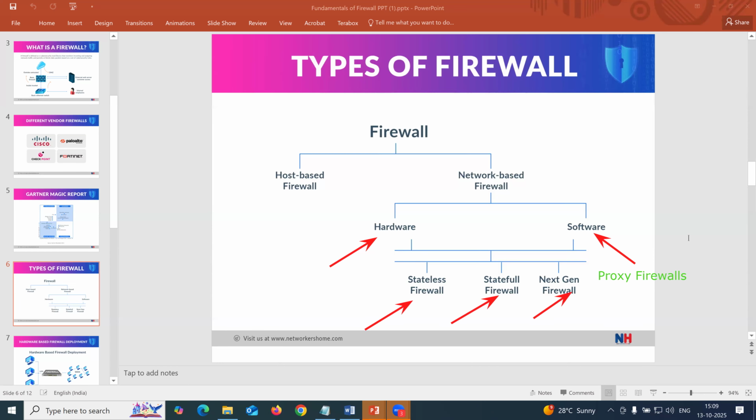For example, WSA, Blue Coat Proxy. These are dedicated devices to filter your web traffic, only web traffic, like HTTP, HTTPS, FTP, DNS type of traffic. But apart from that, you also have many other traffic types, right? We have Telnet, SSH, Ping, and many other types of traffic which are not web based. So where do you control that?